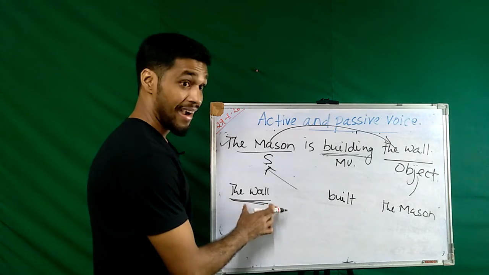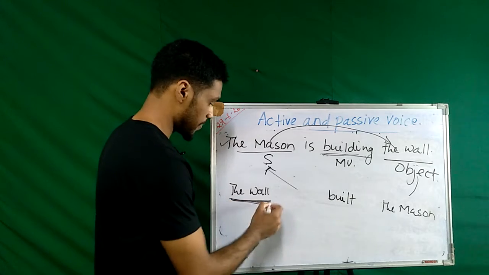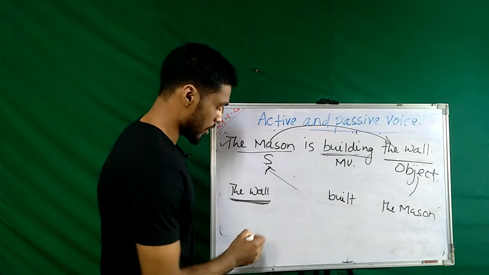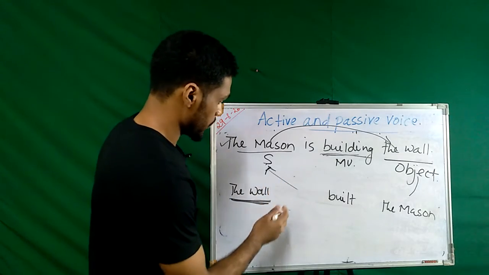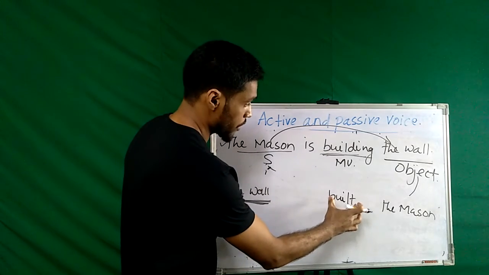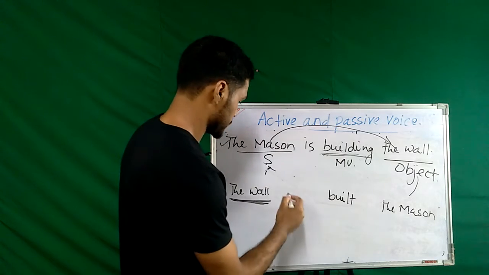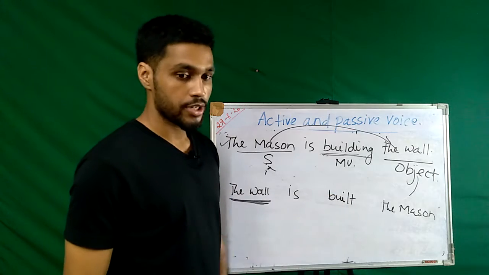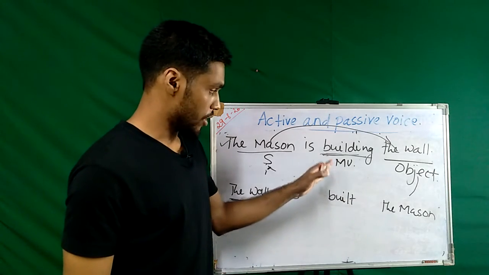Therefore, we have to add simple present helping verb, and that should be singular helping verb, because the wall or subject is in singular. So we have to add proper helping verb before built, right? The wall is built, and this is the fourth step that we have followed.